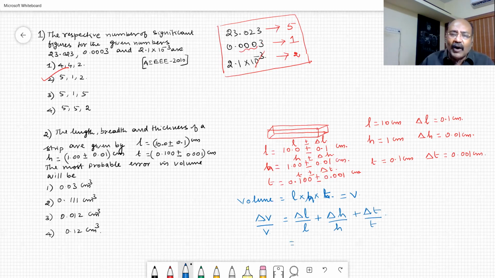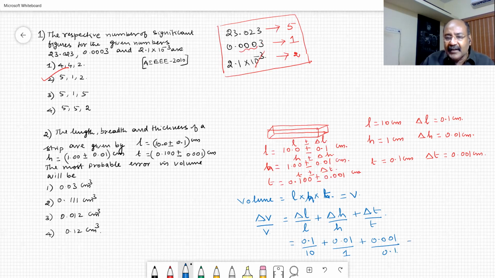So what is the value of delta L? Delta L is 0.1 divided by L, which is 10, plus delta H, which is 0.01 divided by 1, plus delta T, which is 0.001 divided by T, which is 0.1.